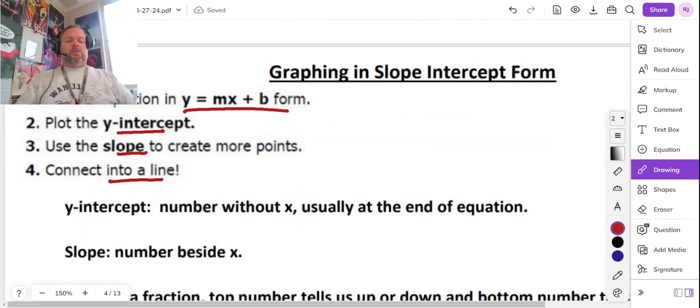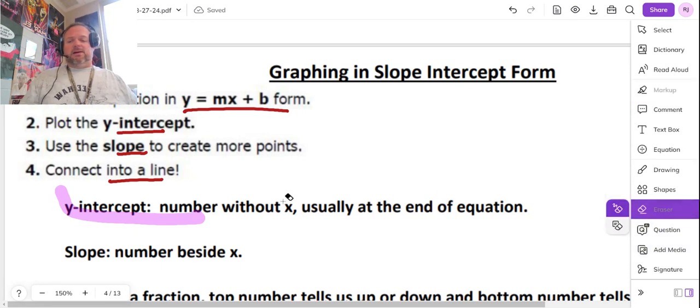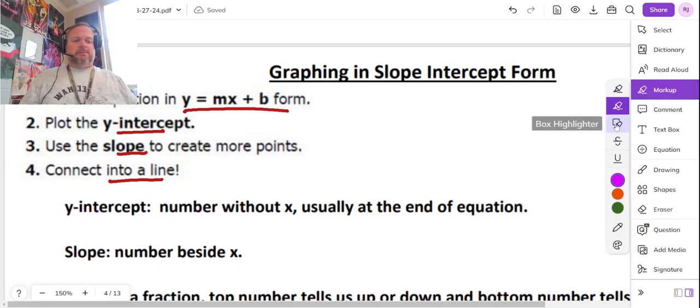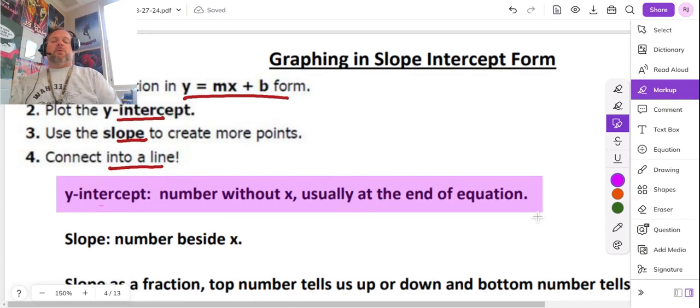Things we need to know, if we didn't know already: the y-intercept is the number without x, and it's usually at the end of the equation.